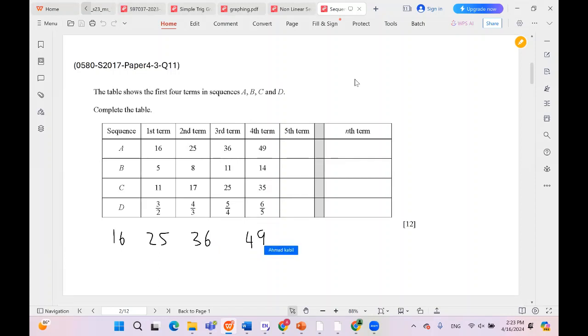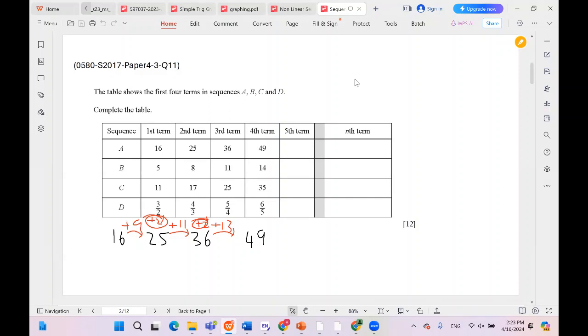If we go from one term to the next, we can see that here we add 9, here we add 11, here we add 13. So for the next layer, we can see that this is plus 2, and this is plus 2 as well. So the difference in the second layer is the same. So therefore, this is a quadratic sequence.